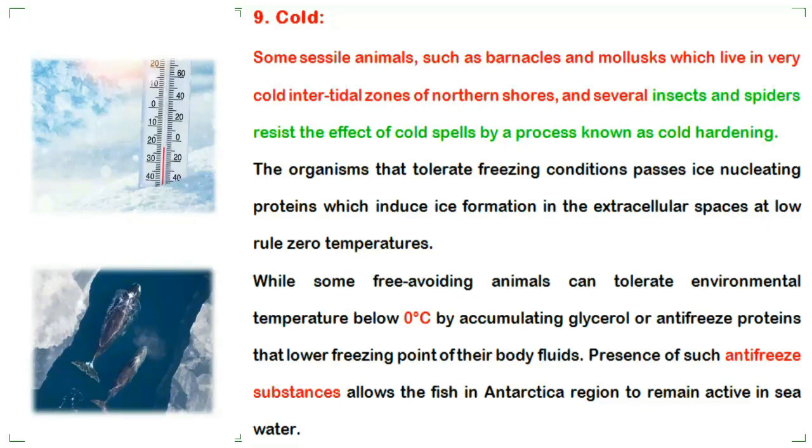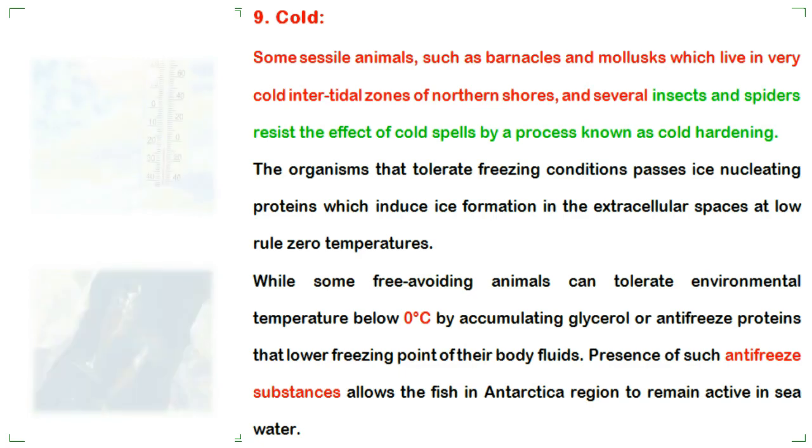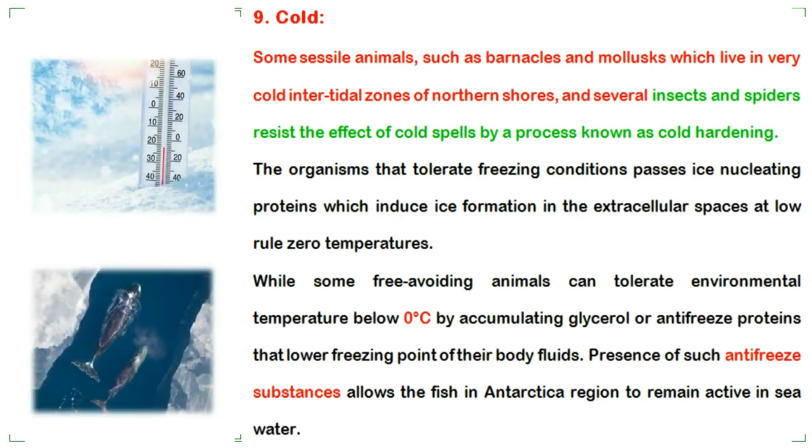While some freeze-avoiding animals can tolerate environmental temperature below 0 degrees Celsius, by accumulating glycerol or antifreeze proteins, that lower the freezing point of their body fluids. Presence of such antifreeze substances allows the fish in the Antarctic region to remain active in seawater.